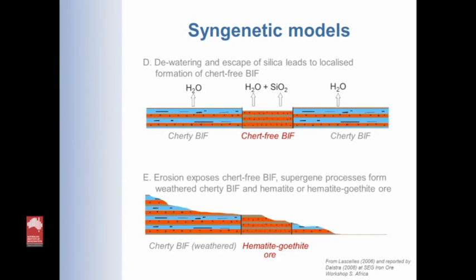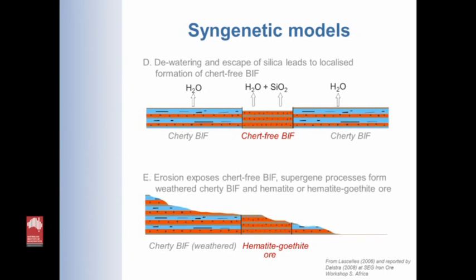So what happens if we had this layer system and we shook it up a little bit, perhaps imposing some earthquakes? In this type of situation, we would have a structure developing and the release of this gel-like material. Water and silica are being removed, forming our chert-free BIF, surrounded by our chert-rich BIF.